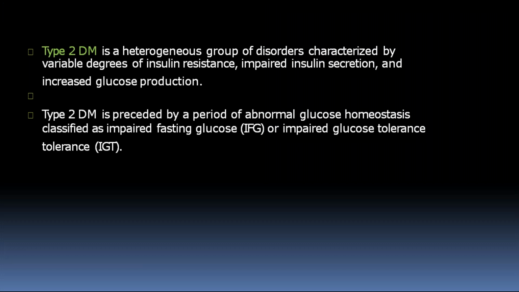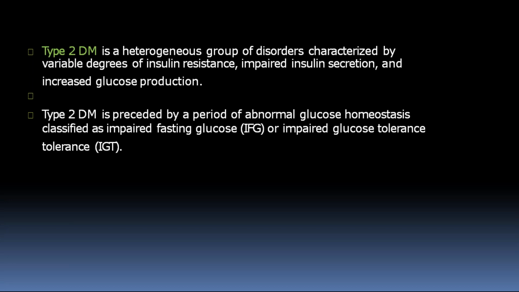Type 2 diabetes is a heterogeneous group of disorders characterized by variable degrees of insulin resistance, impaired insulin secretion, and increased glucose production. It is preceded by a period of abnormal glucose homeostasis, like I explained in the table, where the patient can have impaired fasting glucose or impaired glucose tolerance.